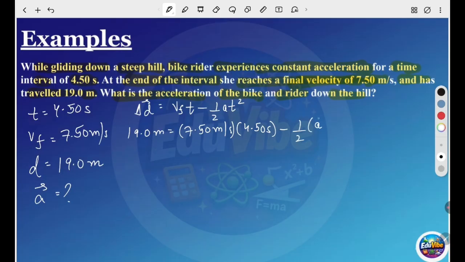You have the acceleration, which you have to find. You have time again, which is 4.50 seconds, but it will now be squared.